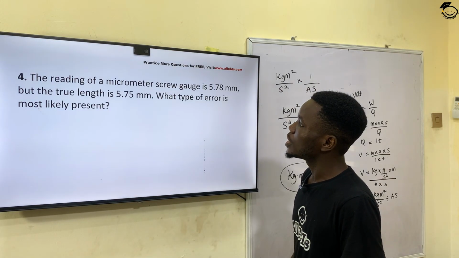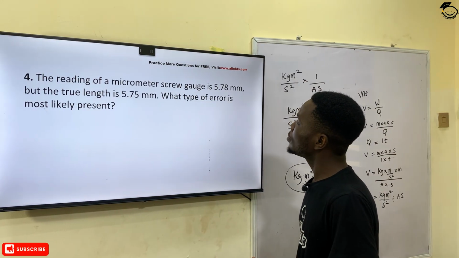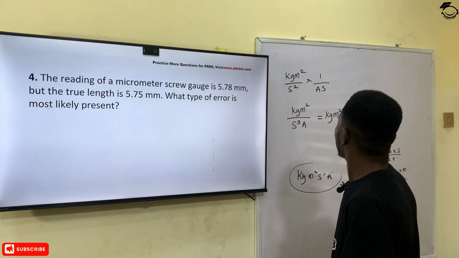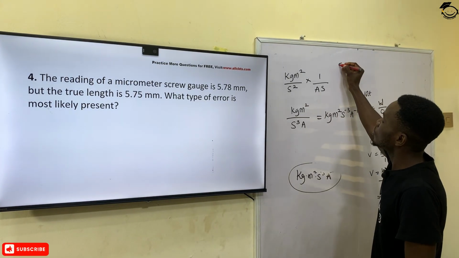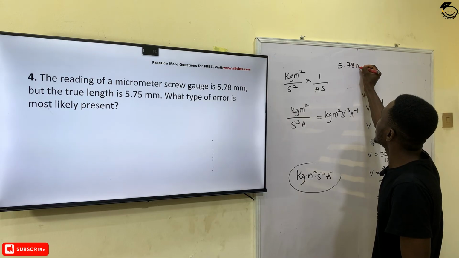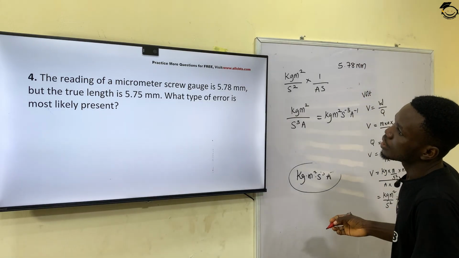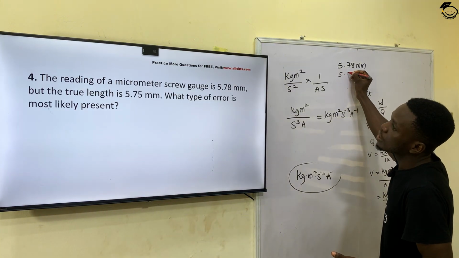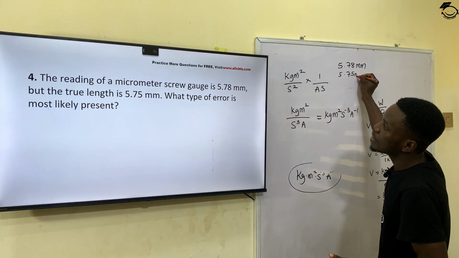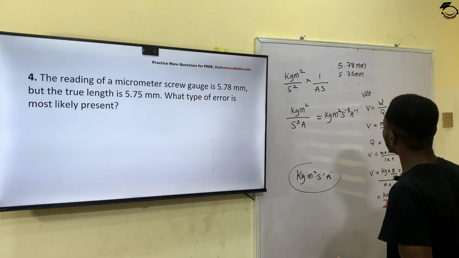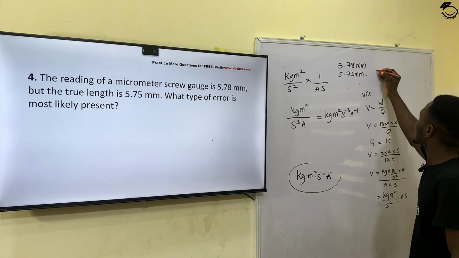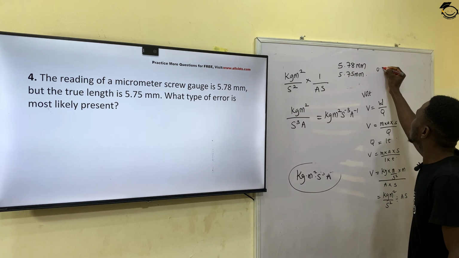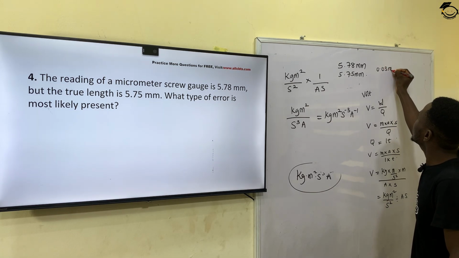Question number 4 says the reading of a micrometer screw gauge is 5.78 millimeters, but the true length is 5.75 millimeters. If you subtract, you discover that our error is 0.03 millimeters.